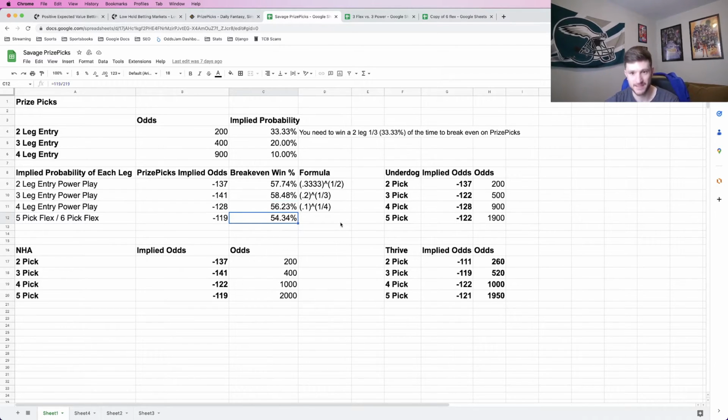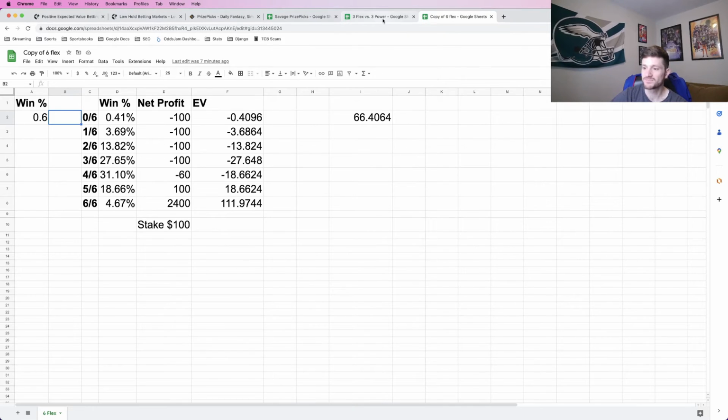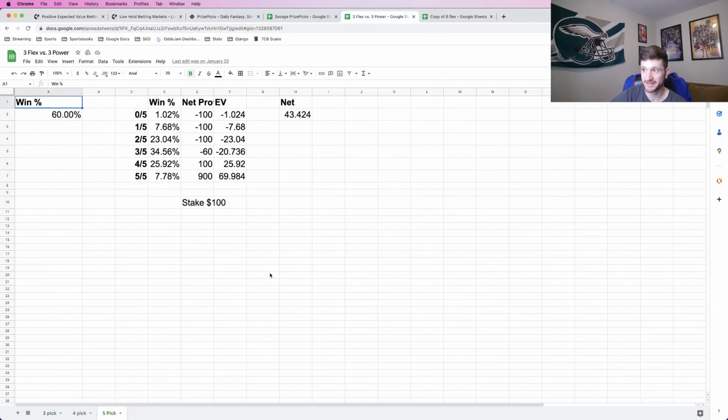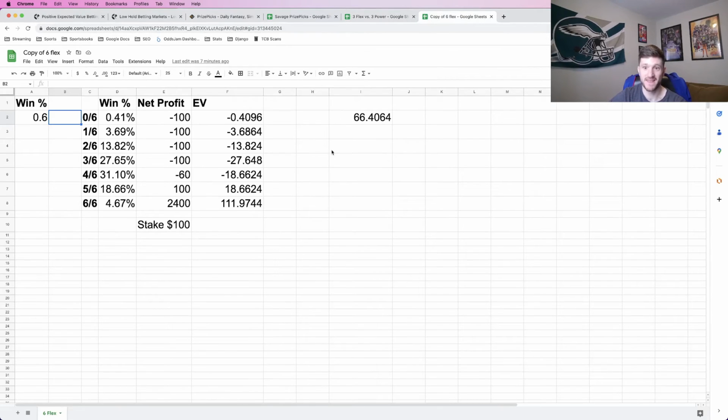So right off the bat, the most optimal strategy when it comes to PrizePicks is actually placing 5 or 6 pick flex options. Now I have the math on these spreadsheets here. Basically, if you care enough, the EV is significantly higher with a 5 and a 6 pick flex than it is with a 2, 3, or 4 legs.